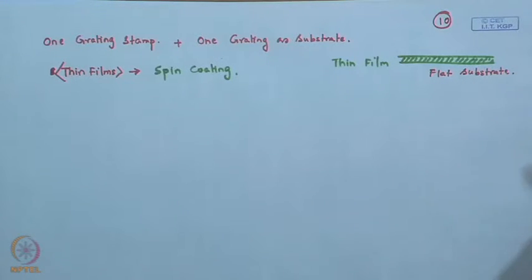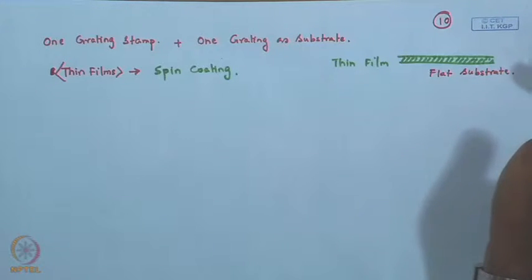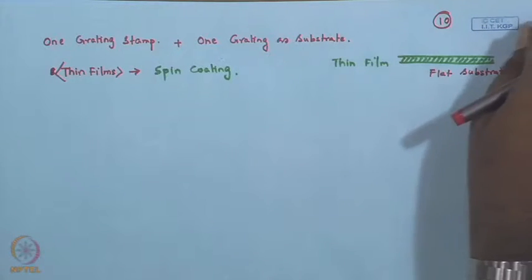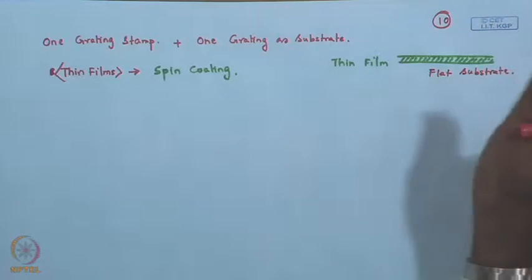If you remember the basic methodology of spin coating, you dispensed a polymer solution on a flat substrate which was held on a chuck by means of vacuum or other holding devices, and then a high RPM was given. It started to rotate, and the centripetal force allowed the solution to spread uniformly over the entire surface, and simultaneously the solvent evaporated away, leaving behind the solute, which is nothing but the polymer, on the surface, resulting in ultra thin films.